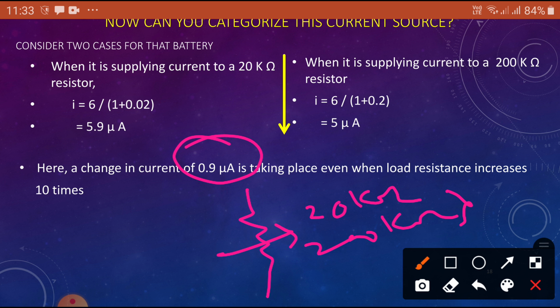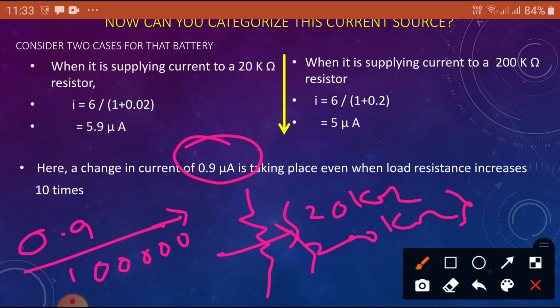That means only this much of the value changes. So we changed the load resistance 10 times, but the change in current is very little. So we can say this is an ideal current source.